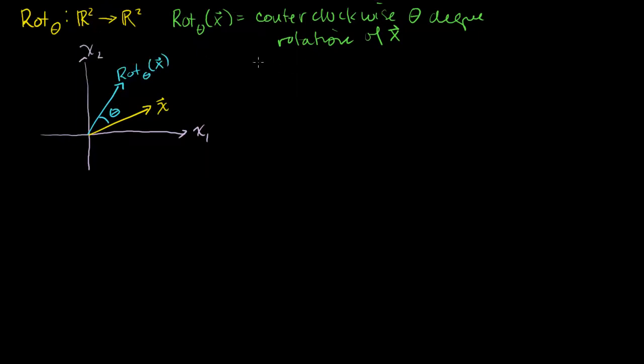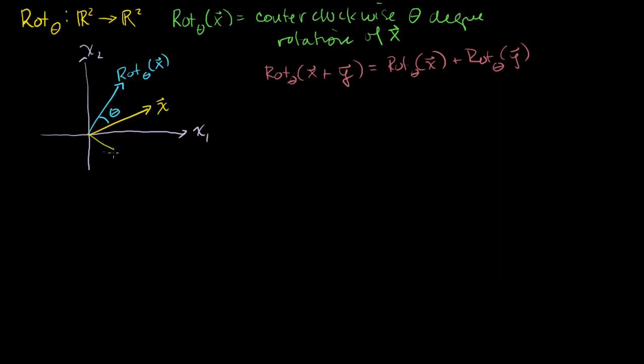We have to show that the rotation through theta of the sum of two vectors is equivalent to the sum of each of their individual rotations: the rotation of the vector x plus the rotation of the vector y. And I'll just show that to you visually. This is the vector x. Let's say the vector y looks something like that. I'll draw both of the original vectors in yellow.